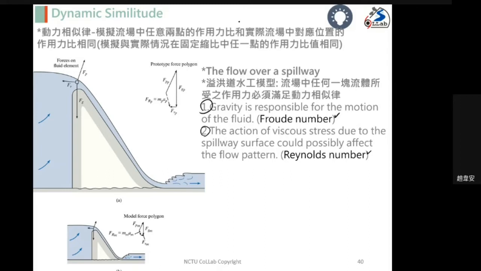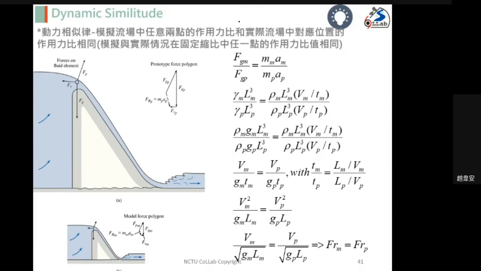So if you go back to the definition of dynamic similitude, we need to fix the ratios of the forces between the model and the prototype. So first, we consider gravity.